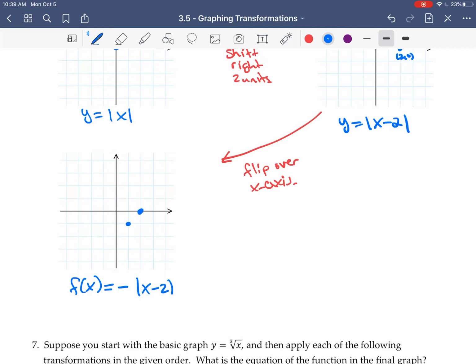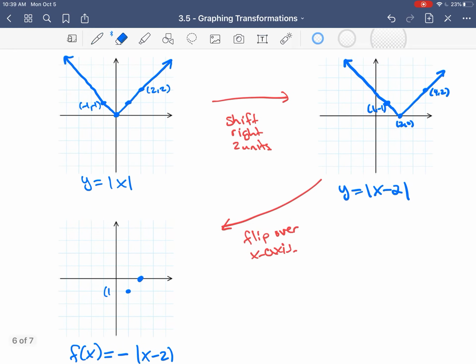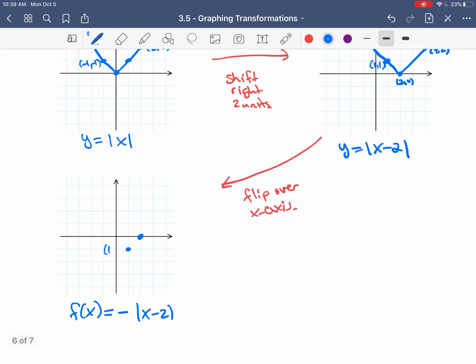Oh, this isn't -1, this is 1, 1. So 1, 1 now moves to 1, -1, and 4, 2 moves to 4, -2. I get the same shape, but upside down. So that's combining them.